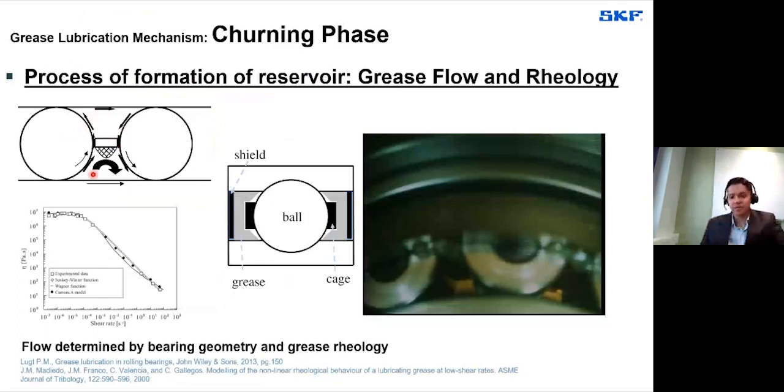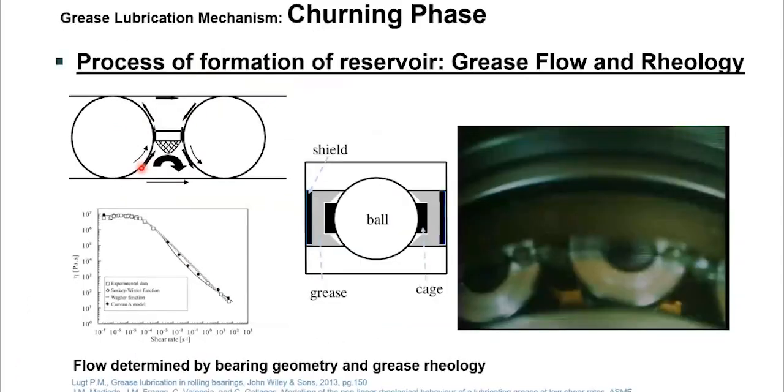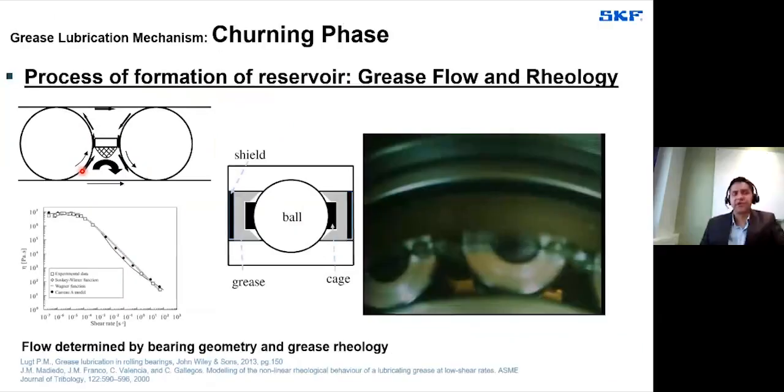On the other hand, part of the grease which is present on the inner ring and the rollers will be pressed into the cage bars, and they will attach to the cage bars. They will form reservoirs. The quantity of grease that can attach depends heavily upon the bearing geometry, the cage type, and also on the flow or rheological properties of the grease itself.